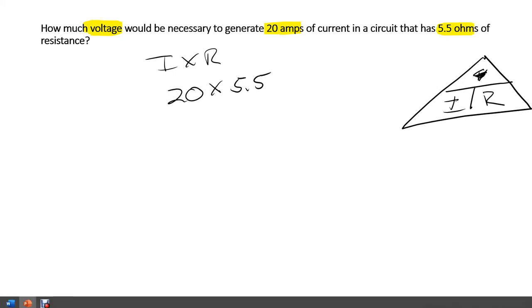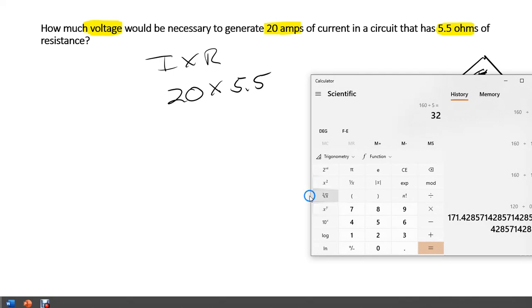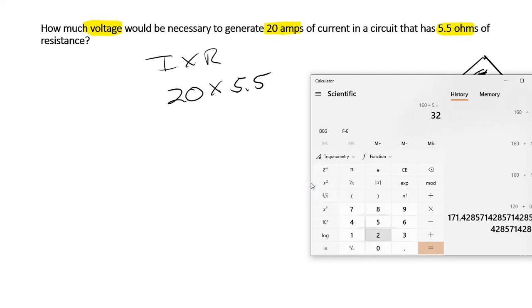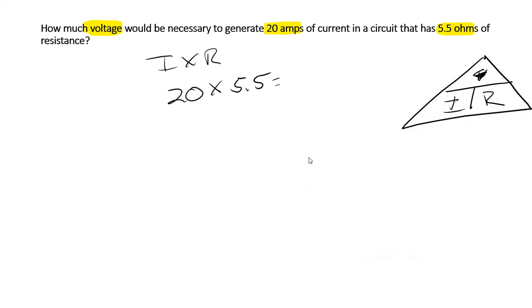Grab my little handy dandy calculator, which I recommend you guys do. 2 times 1.5 equals 3. 3 what? 3 volts, because that's what we were looking for. Remember, we covered up the volts?